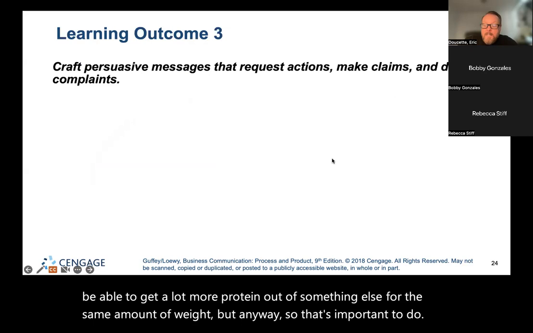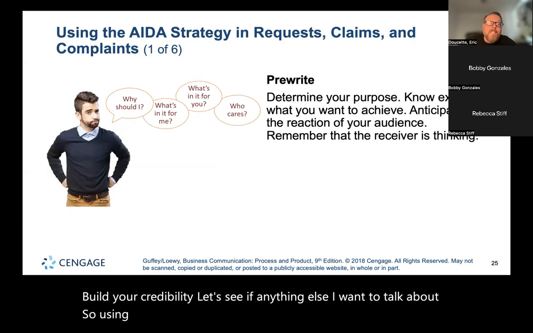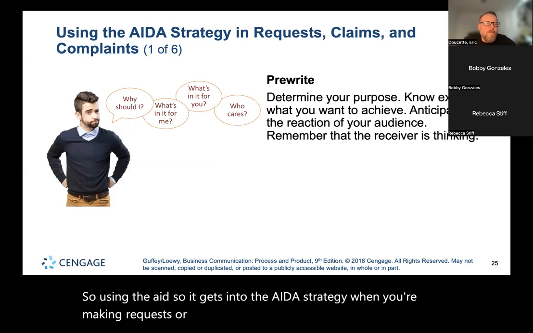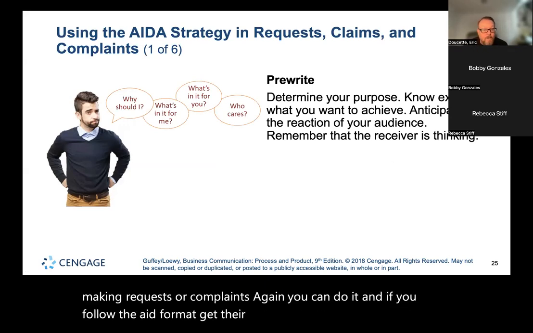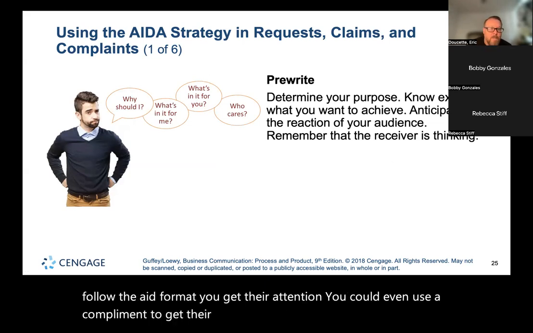Build your credibility. Let's see if there's anything else I want to talk about. So using the AIDA strategy when you're making requests or complaints, you can follow the AIDA format: get their attention. You could even use a compliment to get their attention. Then you can build their interest in what you're going to ask.